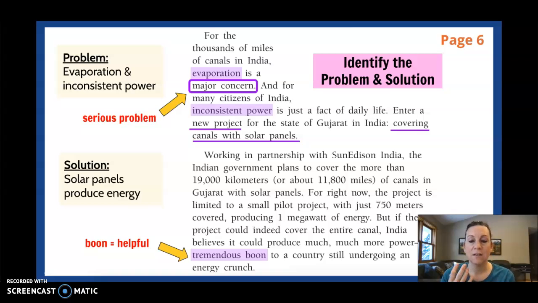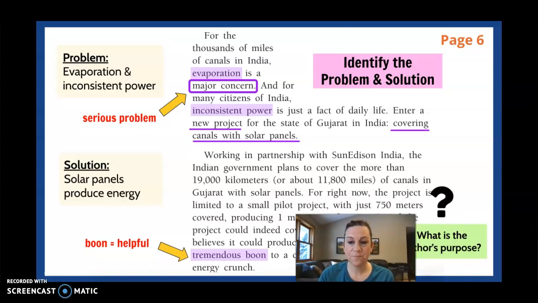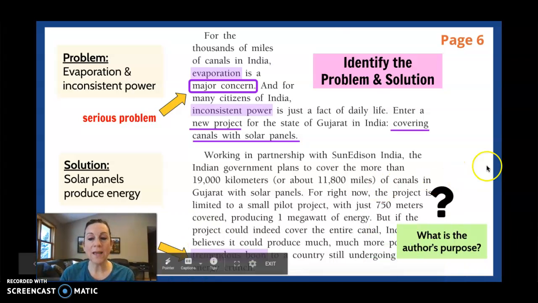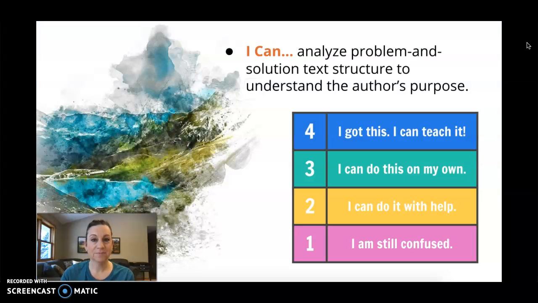So it's just saying that this is going to be helpful. So what is the author's purpose here? Do you know? The author's purpose, of course, is to help solve the problem.